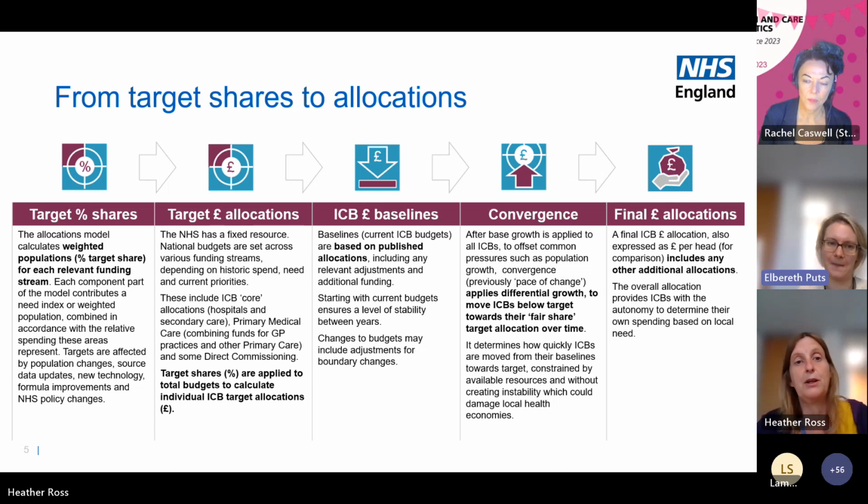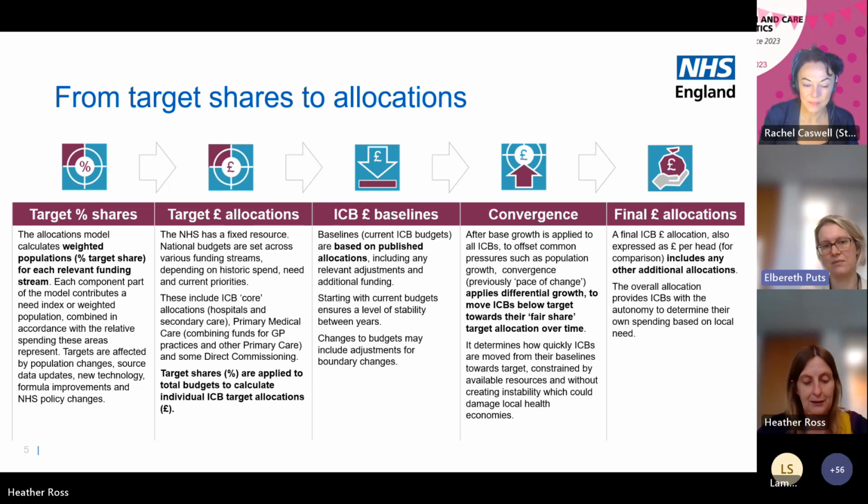Depending on the needs of the population of an ICB, this works out their fair share, their target share, of any funding that's available. We're not trying to model how much money is needed, because that is never going to be the amount of money that's available. It's about how we share out fairly the amount of money that we have to distribute.